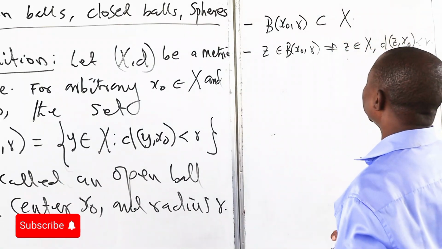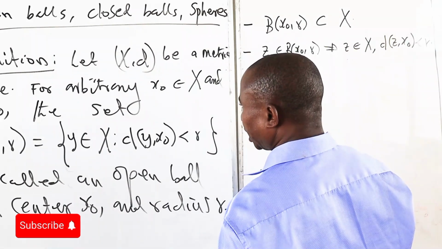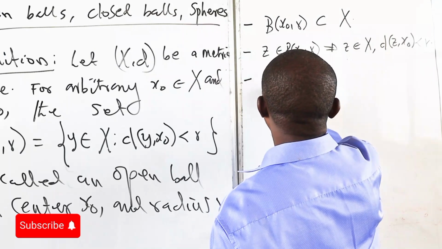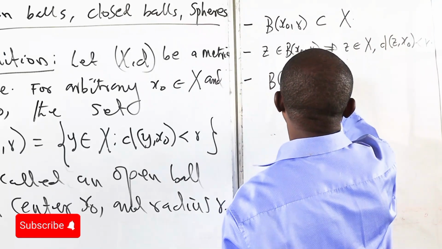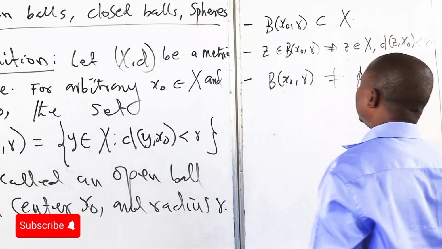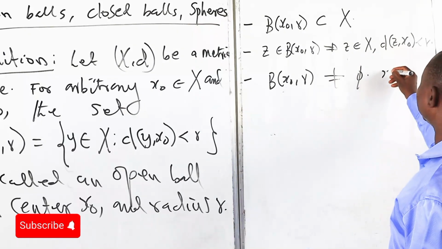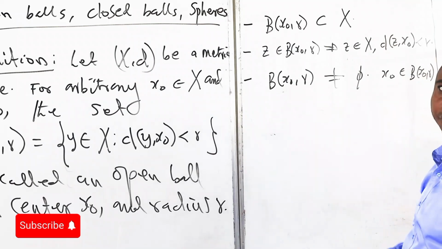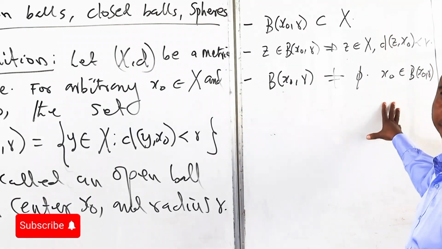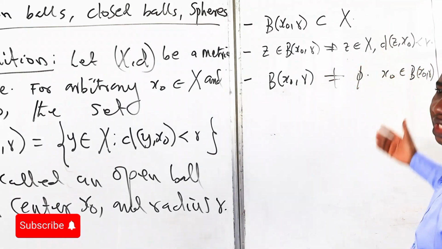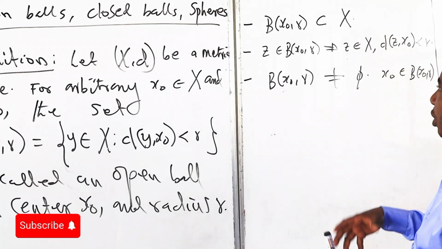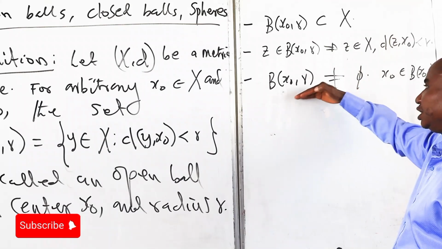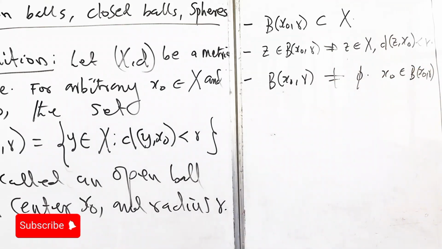Another thing is that the ball with center x naught and radius r is never an empty set. At least x naught is in the ball; in fact, it is the center of the ball. Therefore, it is never empty, and we can deal with it without fear of whether we are working with an empty set.